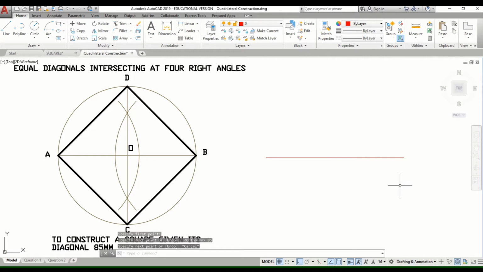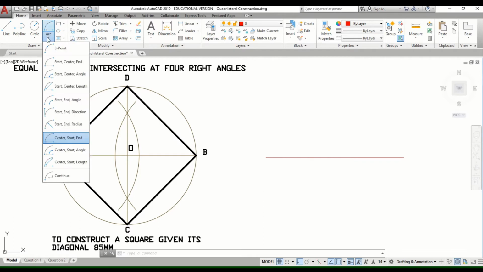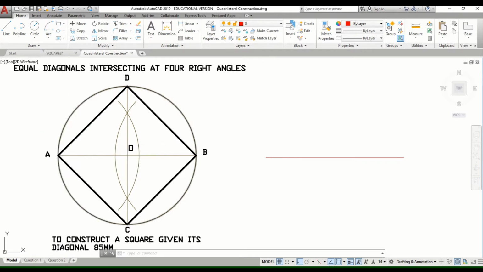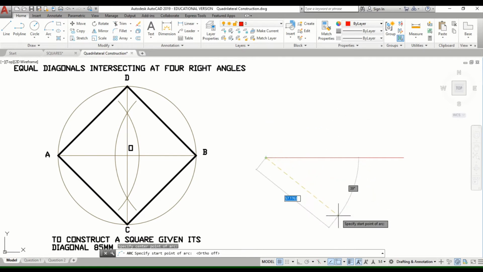Now, in order to get our diagonals intersecting at right angles, we are going to bisect the given diagonal. Please review bisection of lines for the construction. Once again, we're going to be using center, start, end, and from each end, let me take off the auto, we will be swinging an arc.